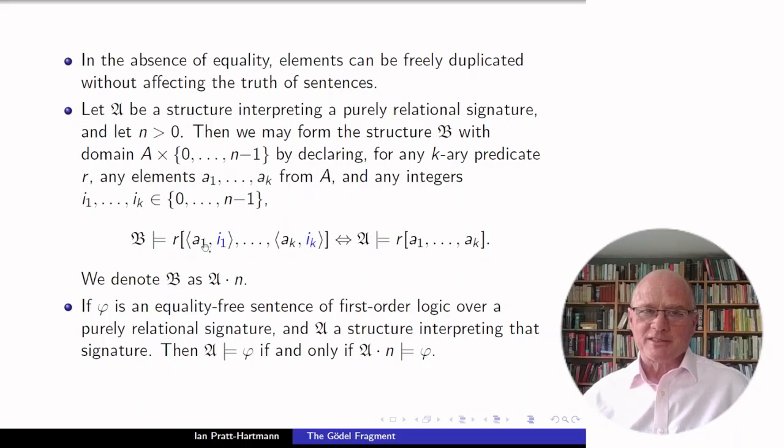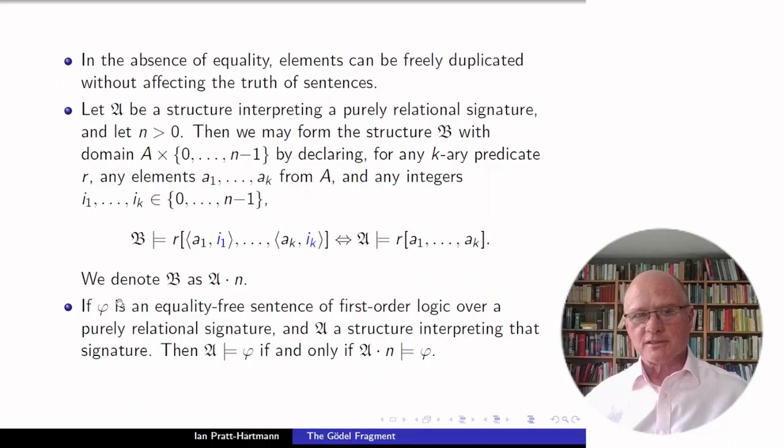The various elements (A1, I1) are just copies of A1, and similarly for A2 and all the way up to Ak. We're just copying elements. And we'll denote B as A multiplied by n. There we're just copying every element n times.